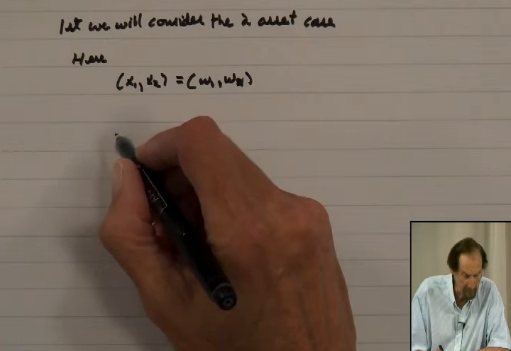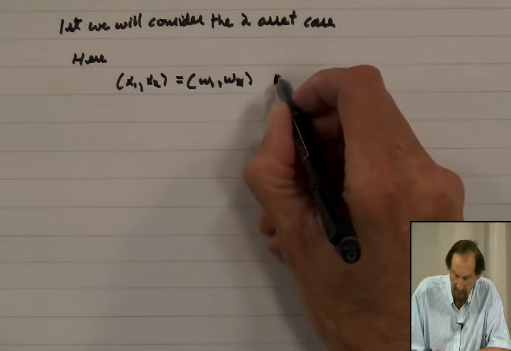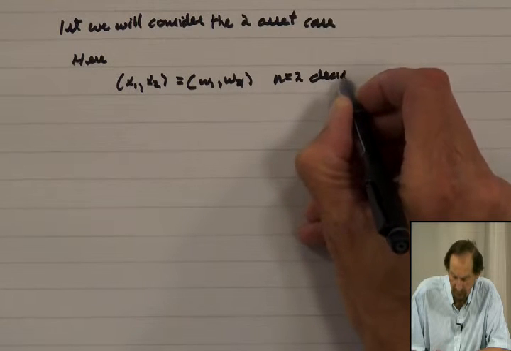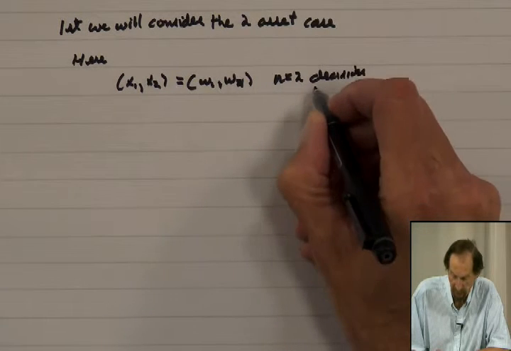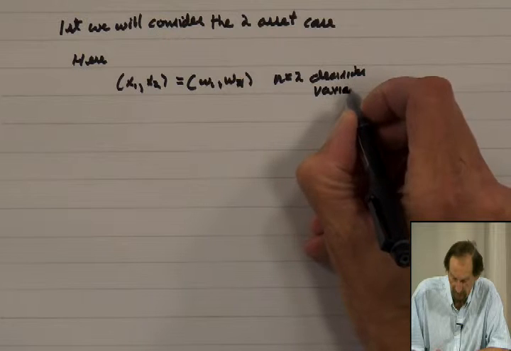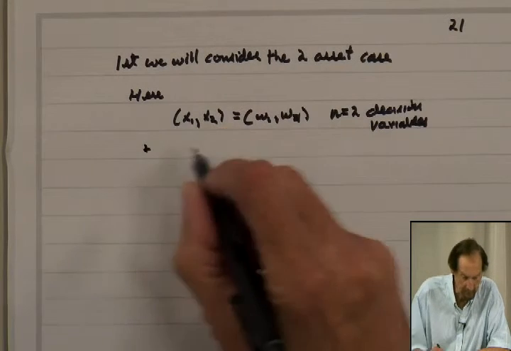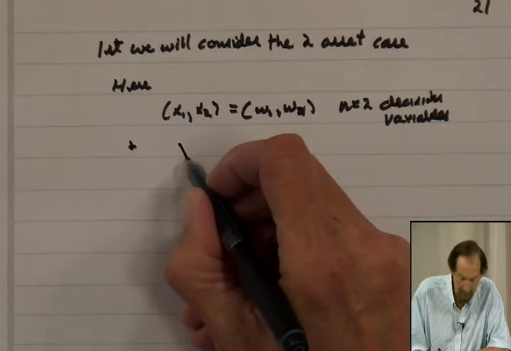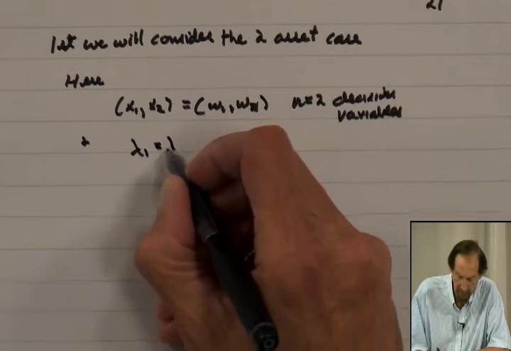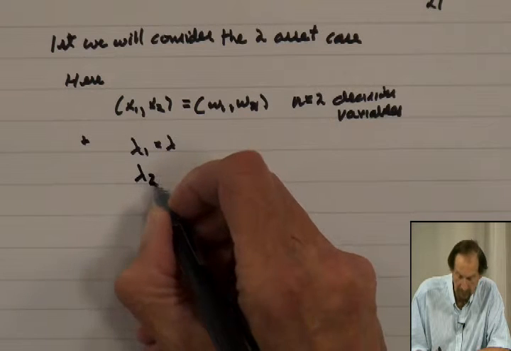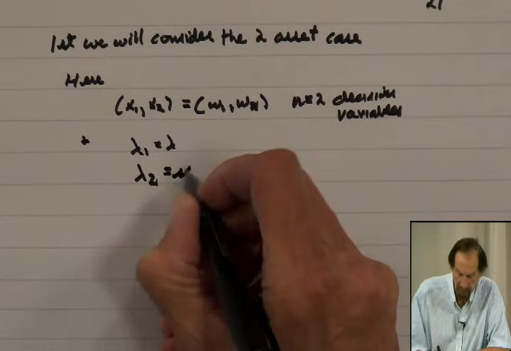Also, we have n equals 2 decision variables, plus we have lambda 1, let's let lambda 1 equal lambda, and lambda 2 equals mu.